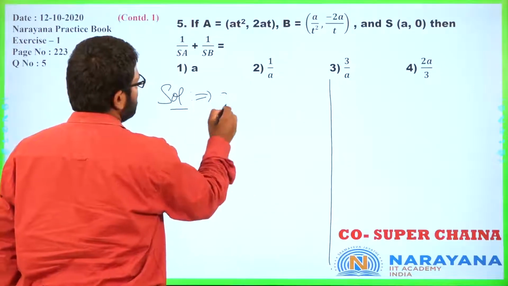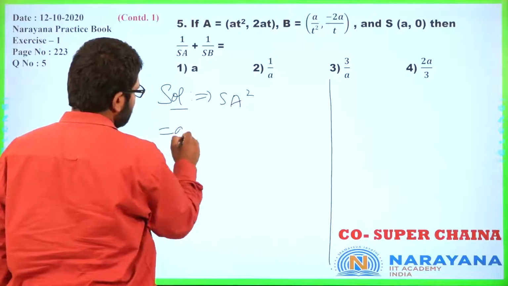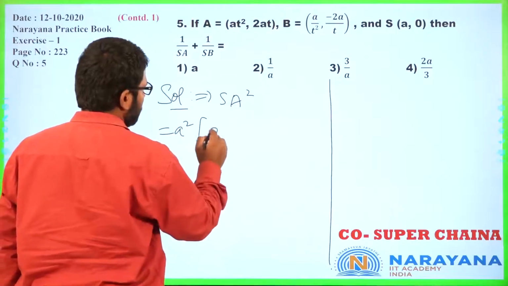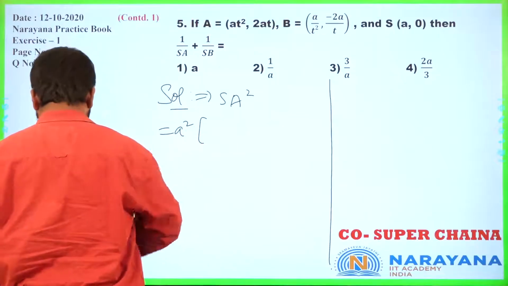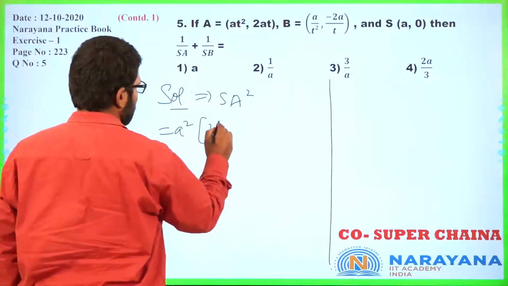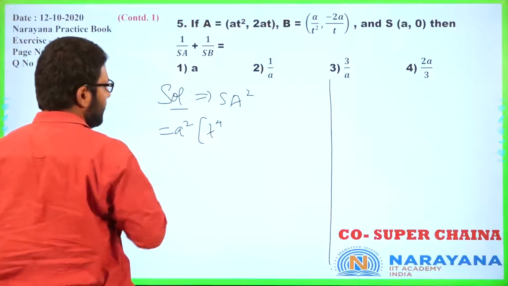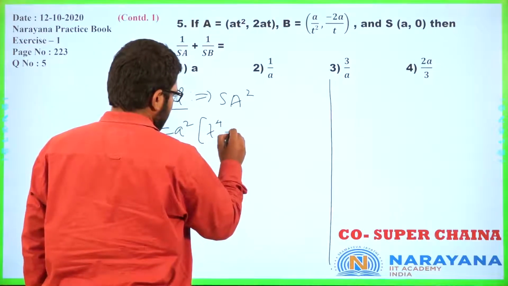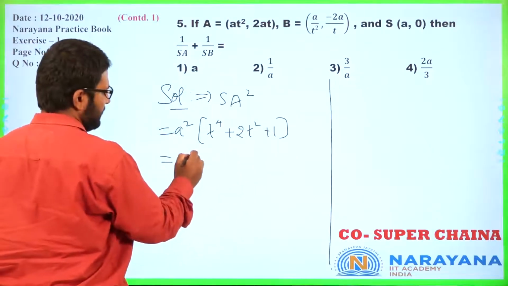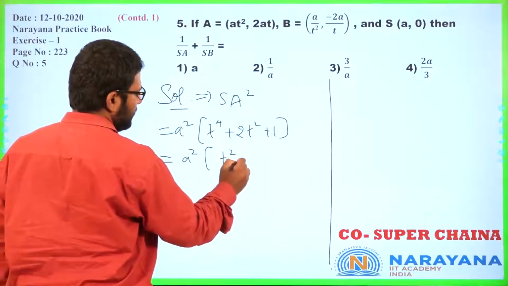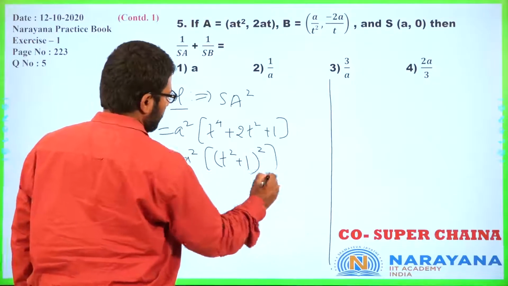So, which means SA square is a square into t to the power 4 plus 2t² plus 1, right? Which is a square into (t² + 1) the whole square.